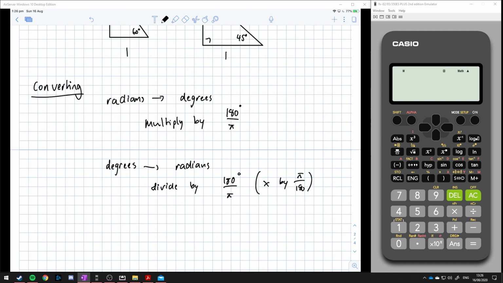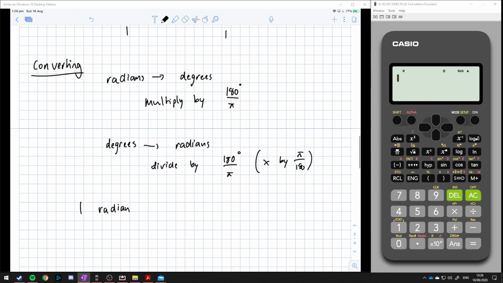Okay, and of course, 1 radian is approximately equal to 180 on pi, which is approximately equal to 57 degrees 18 minutes.